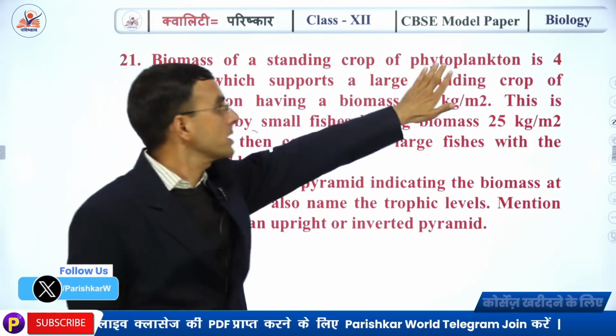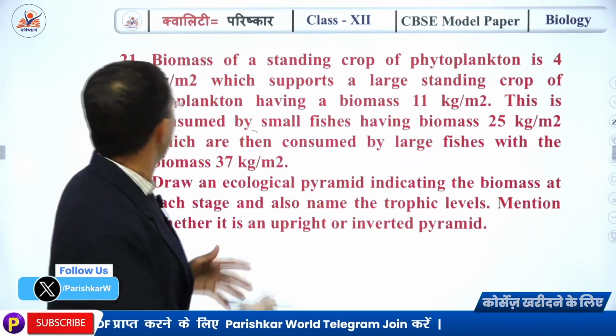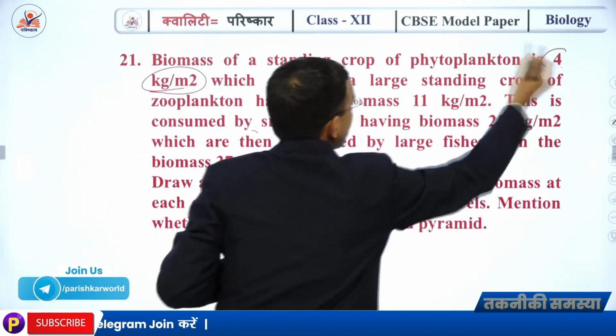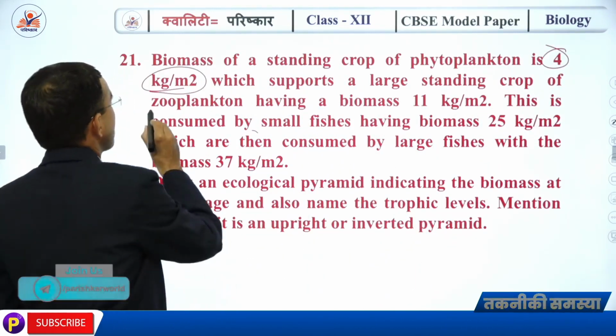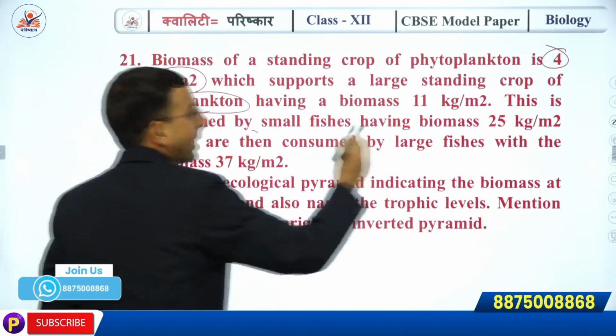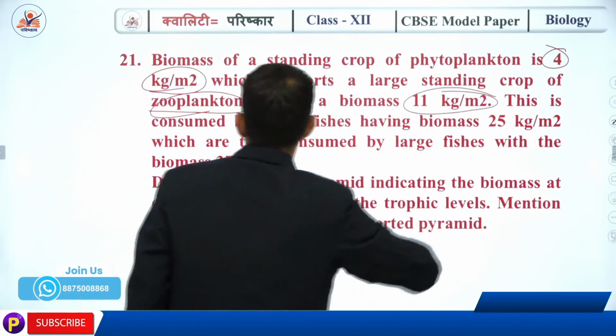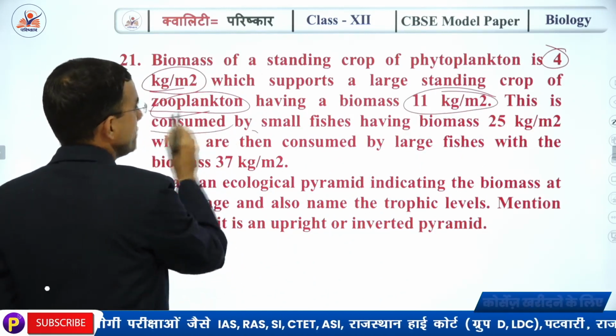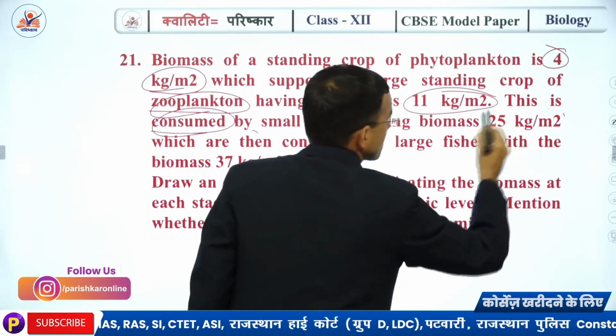So first one is phytoplankton, and this much is the biomass of phytoplankton. Second step is zooplanktons, and they have this much biomass. Third are the consumers, and they have this much biomass.